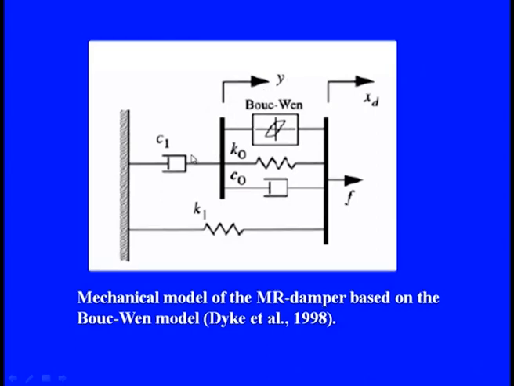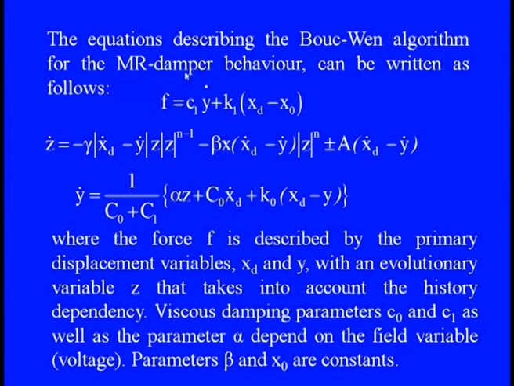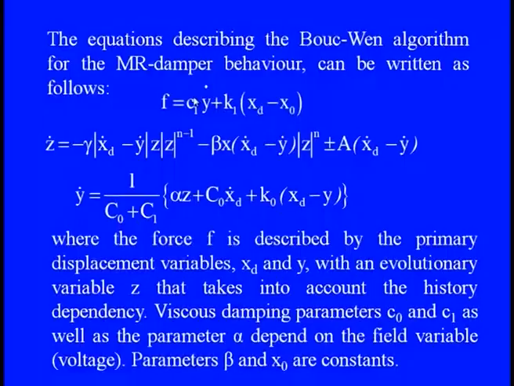So we have the damping force C1 y dot, plus the restoring force due to the relation between xd, the variable displacement, and x0, the initial part. The difference between them, multiplied by K1, the stiffness, gives the restoring force.